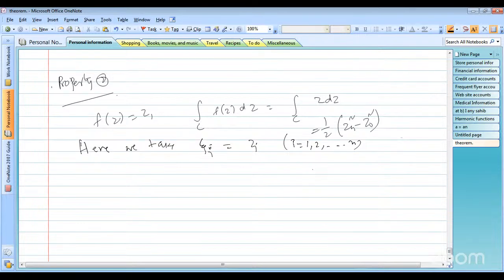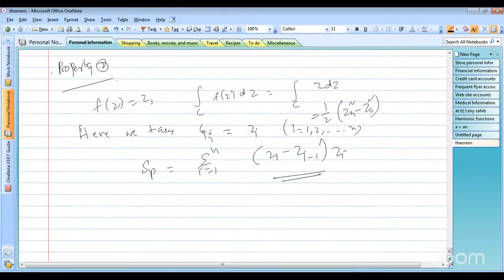Taking ζ_i equal to z_i, where i = 1, 2, 3, 4 and so on, it is approximating S_p. So S_p I am taking here as the summation of i = 1 to n of z_{i−1} into (z_i − z_{i−1}).